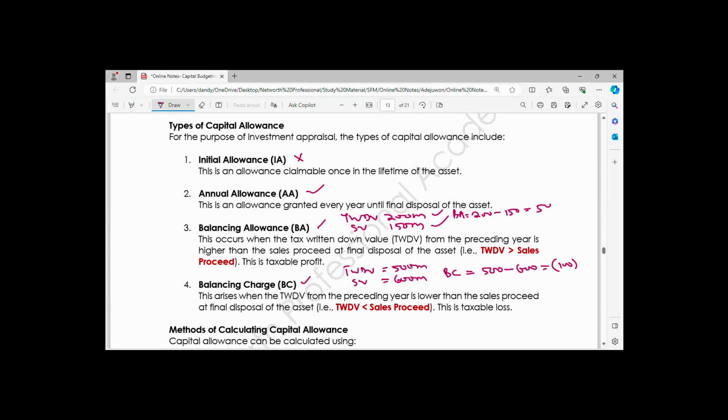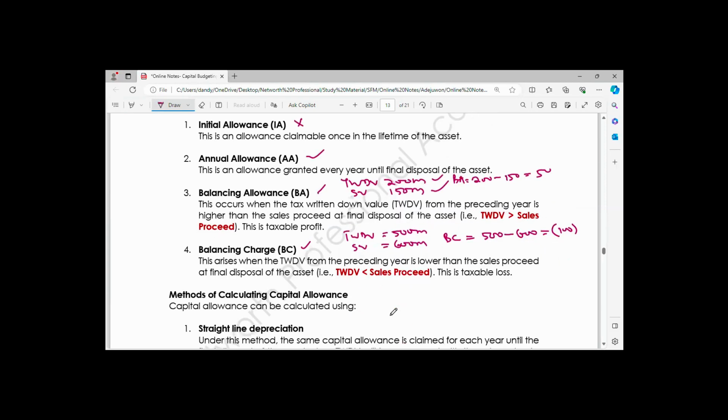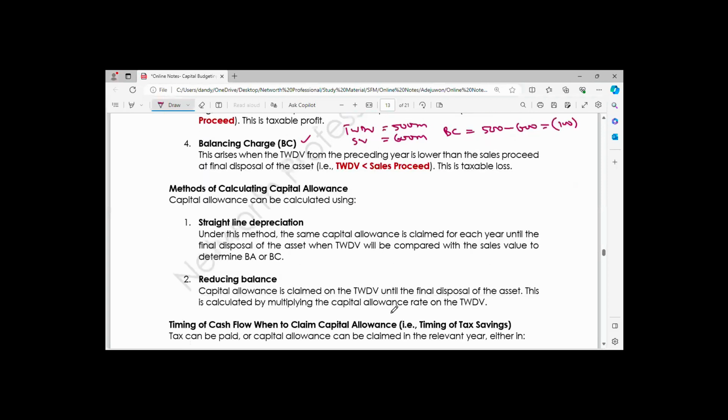Now, what are the methods of determining capital allowance? There are two methods of calculating capital allowance. One is the straight line depreciation method. The other one is the reducing balance basis.